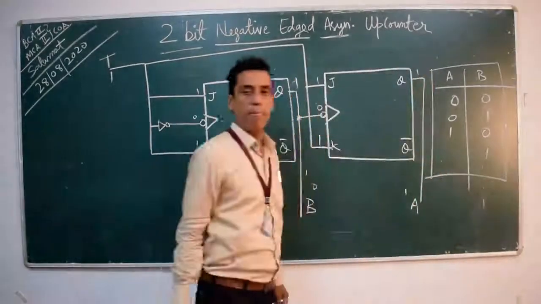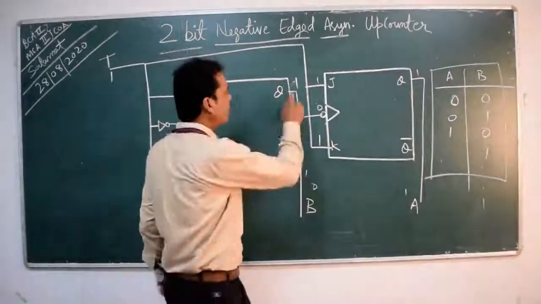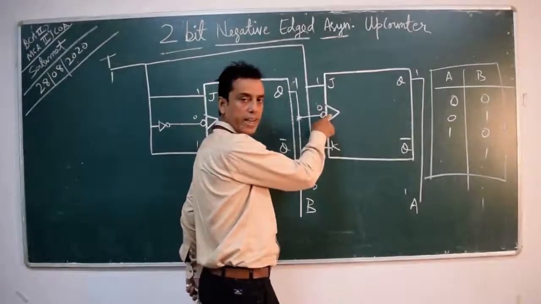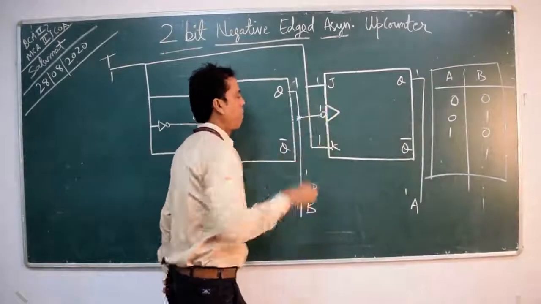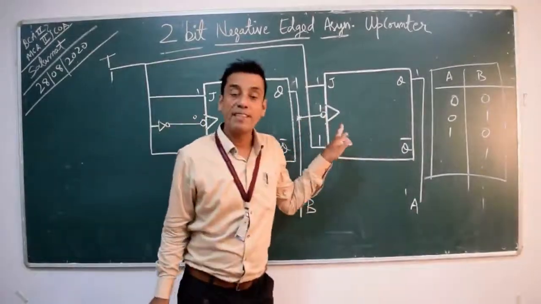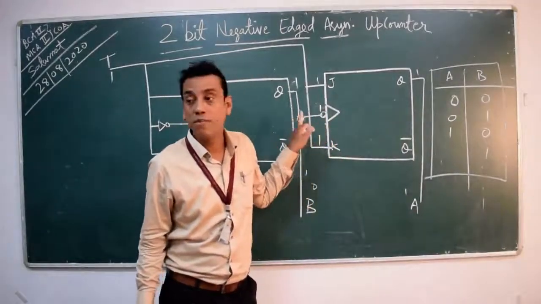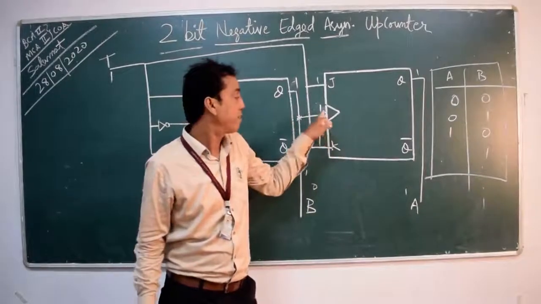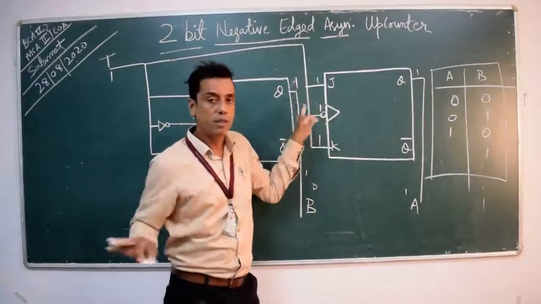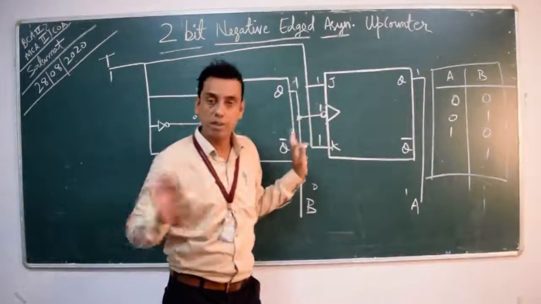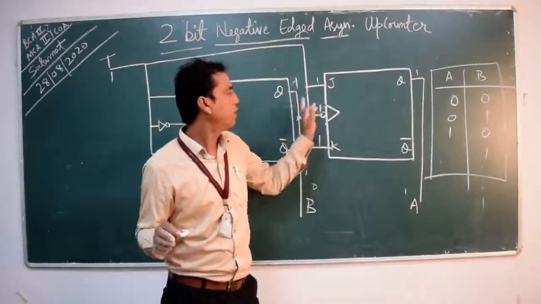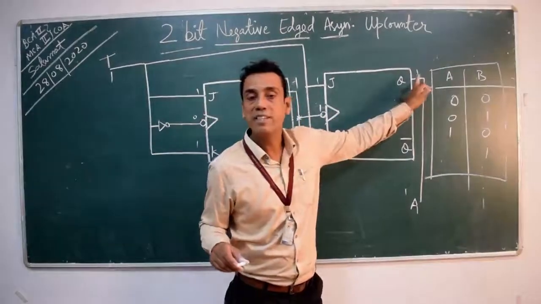Now this 1 will be sent to the gate line of the next flip-flop. What happens when the negative edge flip-flop gate line receives 1? J and K will not receive any data. So it will continue with the same state, 1.